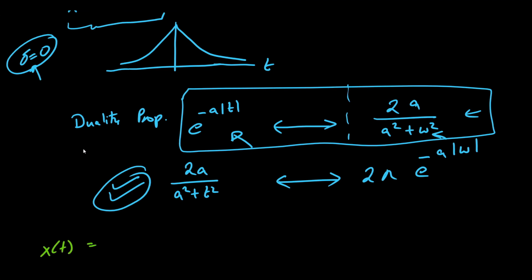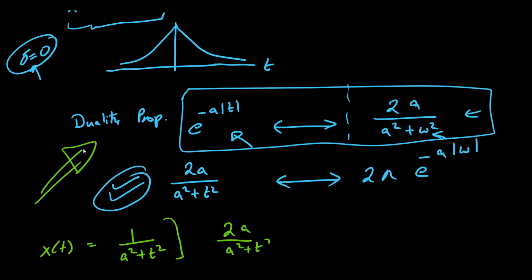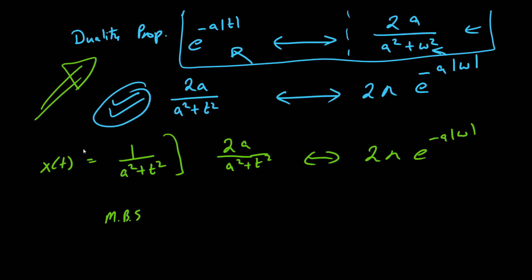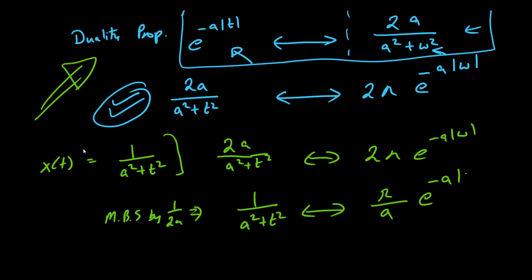Now if we are asked to find the Fourier transform of a signal x of t, which is simply 1 over a square plus t square, from this duality property it is very easy to find. We know that this 2a over a square plus t square has a transform which is 2 pi e to the power minus a omega. Now multiplying both sides by 1 over 2a, this results in 1 over a square plus t square, and hence its Fourier transform would be pi by a e raised to the power minus a absolute value of omega.